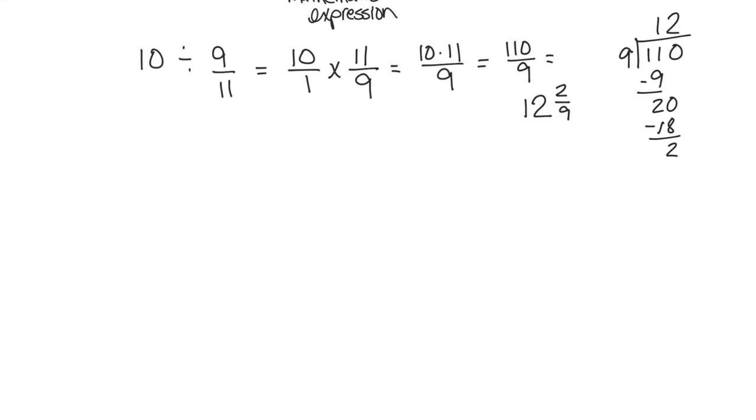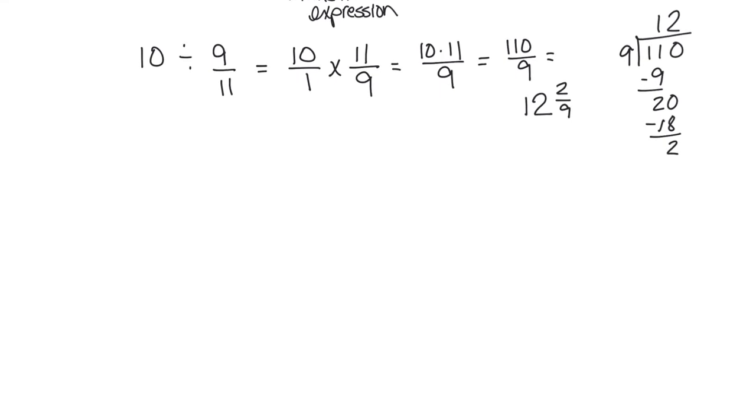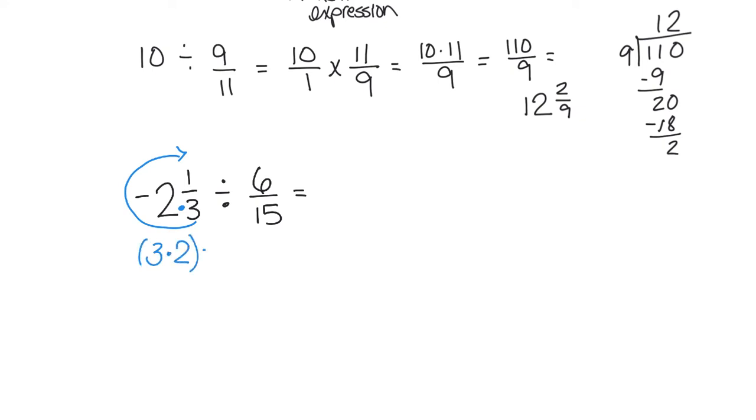If they're working with a mixed number, if they were to have -2 and 1/3 divided by 6/15, when they have a mixed number, students must remember to do the backwards C method, where they multiply 3 times 2, they ignore the negative and add 1 and place it over 3.